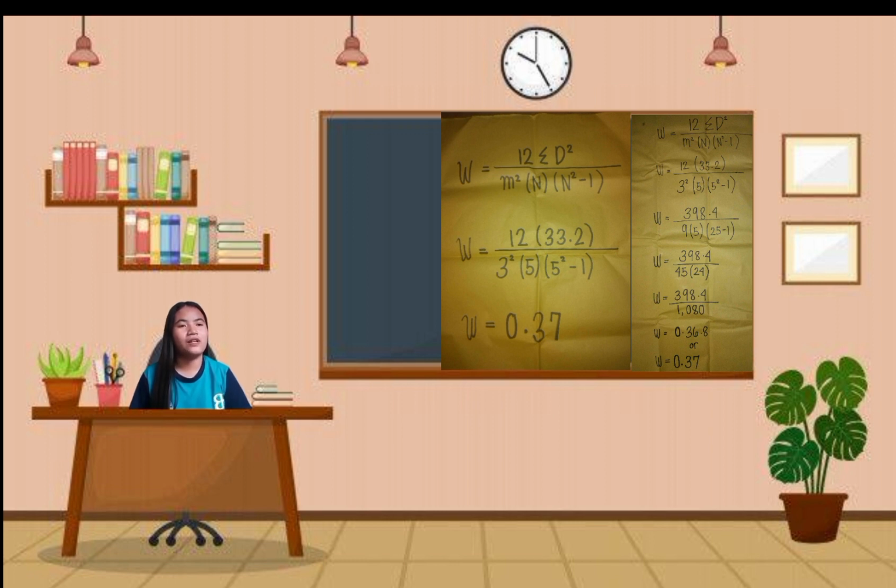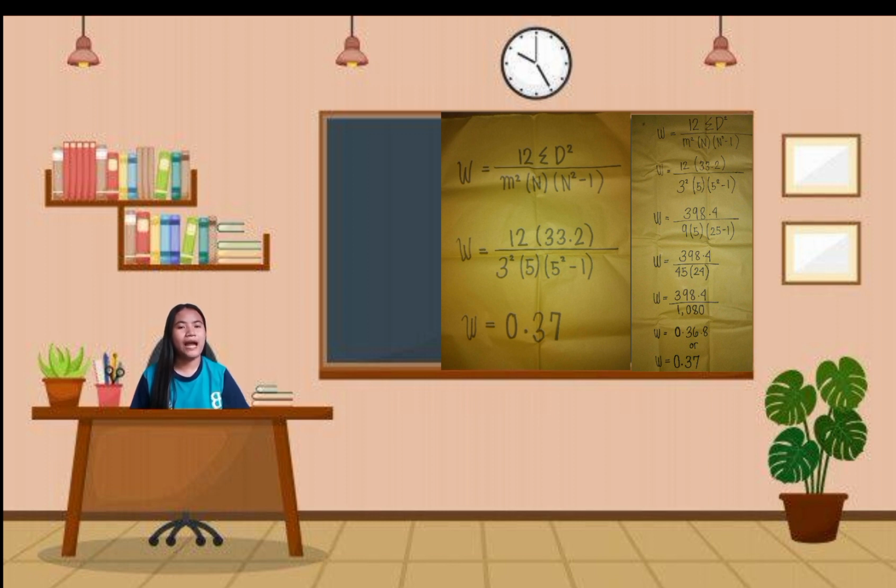Diba? 5. So, ilalagay natin yung 5 times the number of demonstrations again. Lagyan lang natin siya ng squared. So, 5 squared minus 1. So, W equals 12 times 33.2 is equals to 398.4.